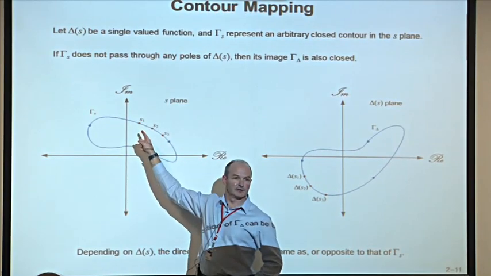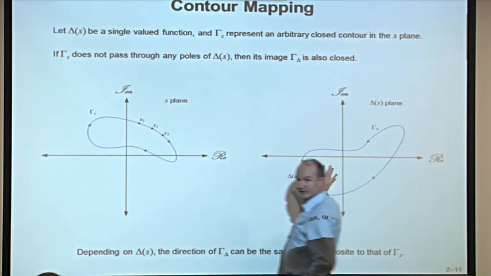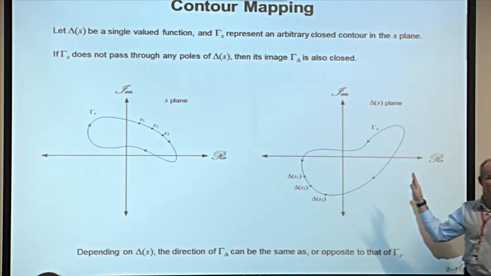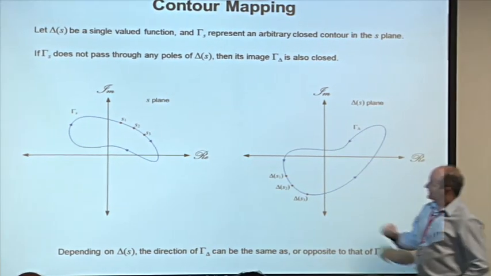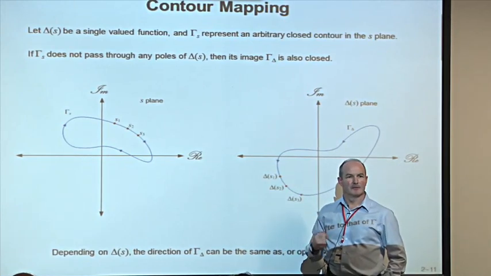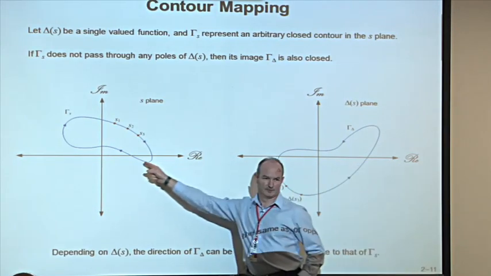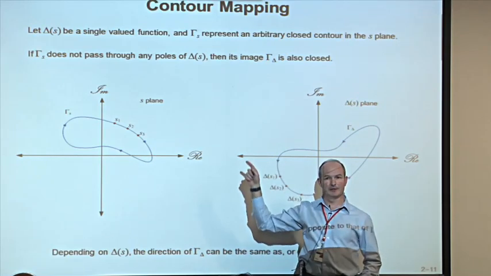Eventually you get back to where you started from. So a closed contour here is a closed contour here for a one-to-one function or a one-to-one mapping. However, the shape of this contour, as well as the direction that it goes round, might well be different from this one. Those are the properties of the function that we use to do the mapping.